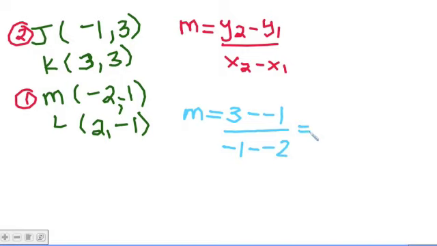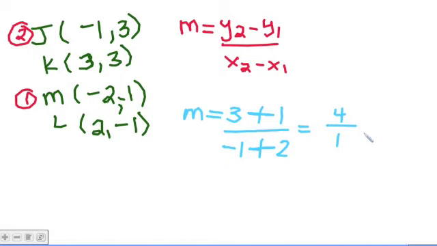All right. Now I know a negative and a negative make a positive. So this is 3 plus 1, which is 4. A negative and a negative again make a positive, but I still have -1 plus 2, which is just going to be 1. So my slope for this one is 4 over 1, or 4.